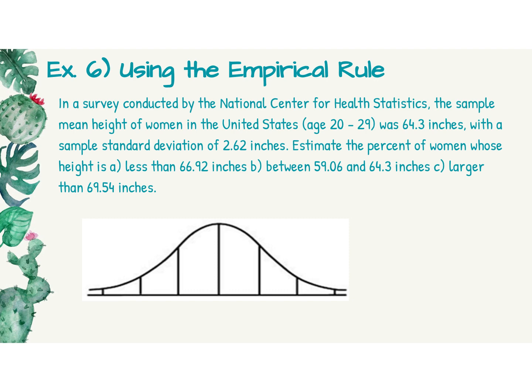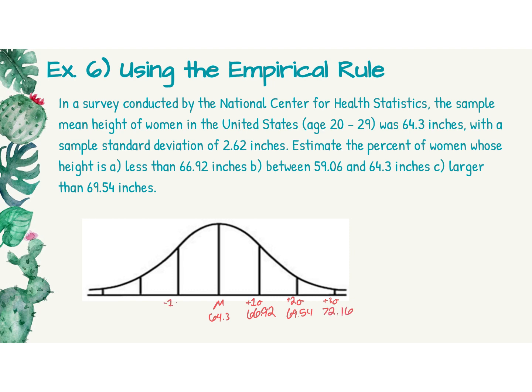So first, let's fill out our normal curve. Right here in the middle, our mean is 64.3. If we go one standard deviation to the right, we add that standard deviation, we get 66.92. Add two standard deviations, and we get 69.54. Add three standard deviations, and we get 72.16.